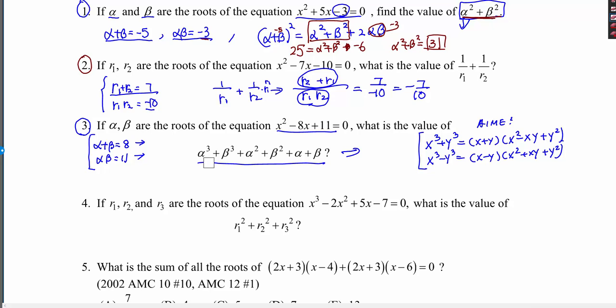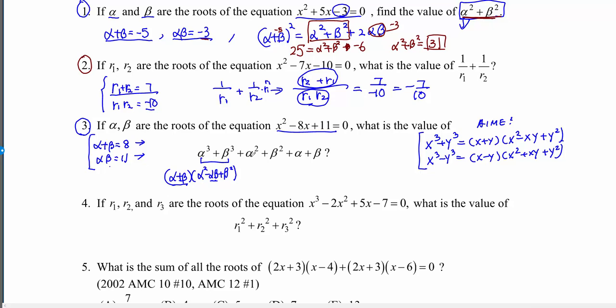The first two we did already. This is alpha plus beta. The next one is what? Alpha square minus alpha beta plus beta square, right? The next one we're going to find: this product we already have over here.